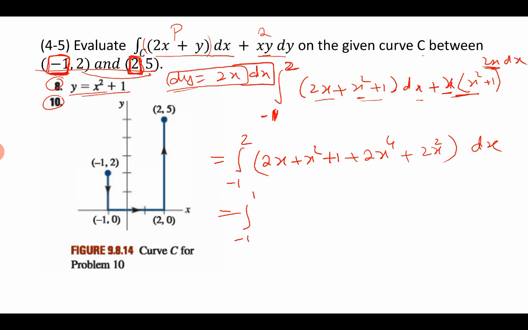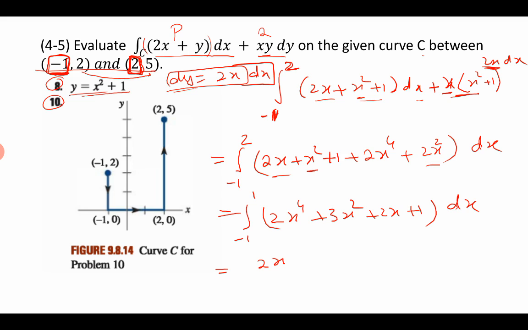Now further simplify: first term highest degree is 2x power 4, then x square will be 3x square, plus 2x plus 1, dx. Now integrate term by term.